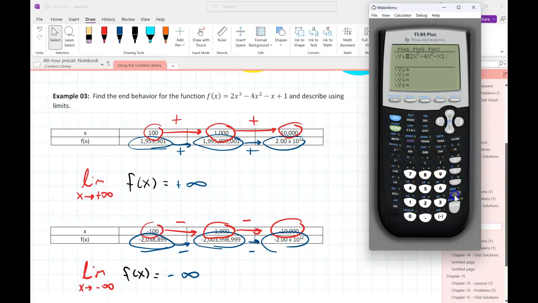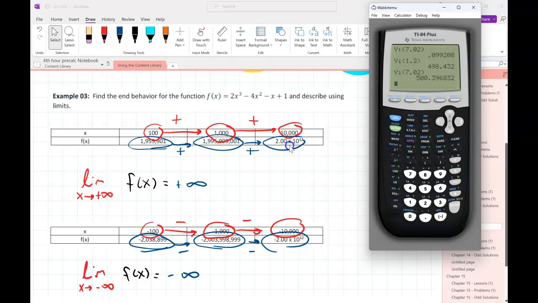Oops, it's the plus sign there apparently. And then we'll exit back out. And what I'm going to do is I'm going to plug in the value 0 or 100, and then 1,000, and then a 10,000 to generate those values.